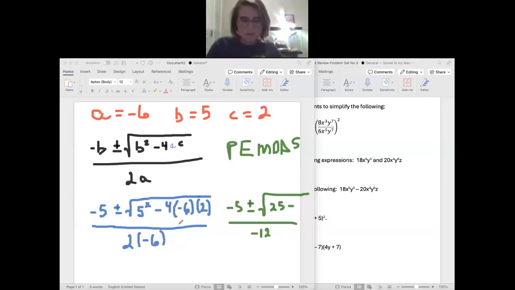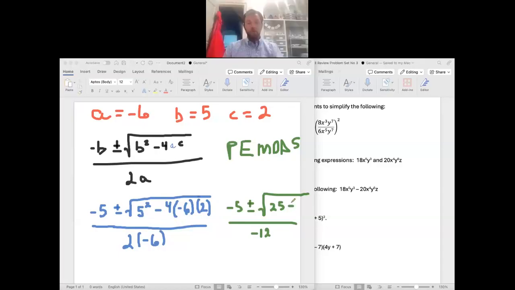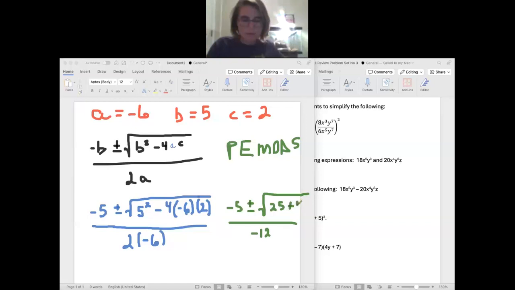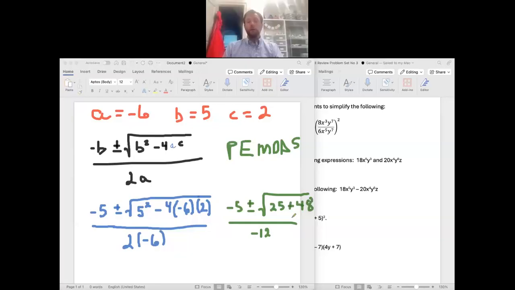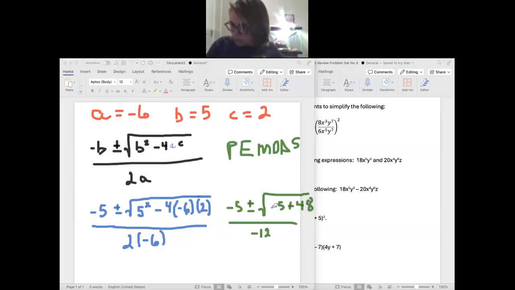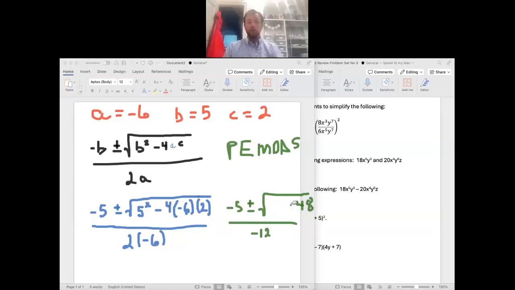What's the sign? Negative 4 times negative 6 is positive 24. Times 2 is 48, positive 48. So it becomes 25 plus 48. Now 25 plus 48 gives us what?